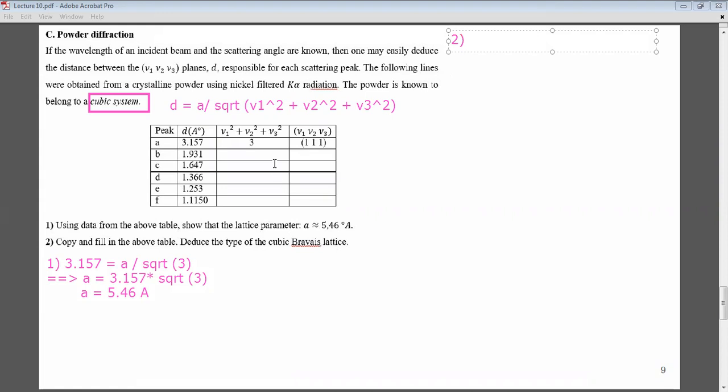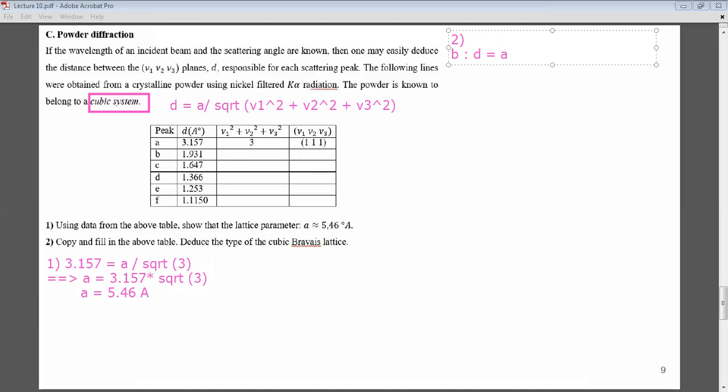So the easy part here to start filling is V1 square plus V2 square plus V3 square, because we're going to use the formula for D. So for each peak, for example, now for peak B, we want V1 square plus V2 square plus V3 square.